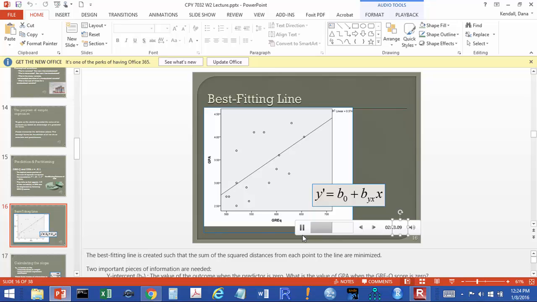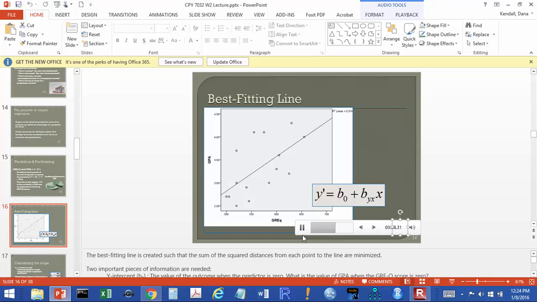Okay, so we have our regression formula here as well. Just so you know, sometimes the best fitting line is also referred to as just the regression line. So if you hear that, you know that it's the same thing. We have our regression equation here, and just some notation things. We have the y prime, which is the predicted value of the DV.